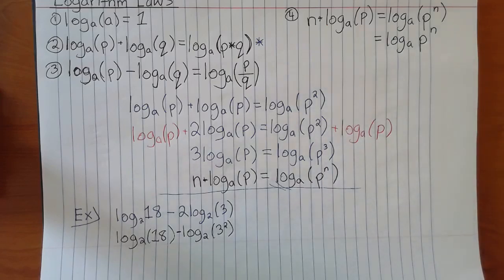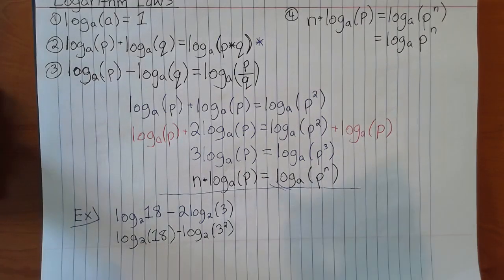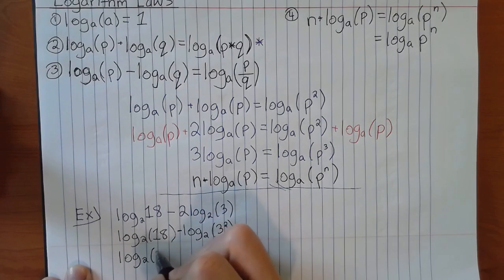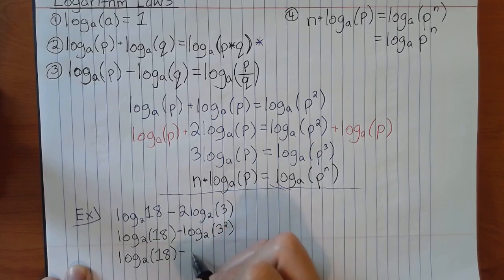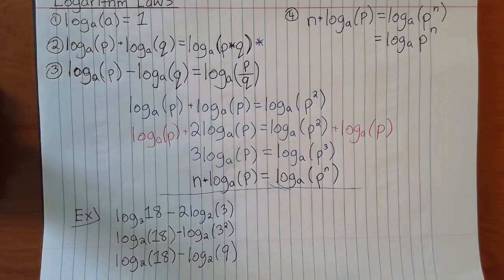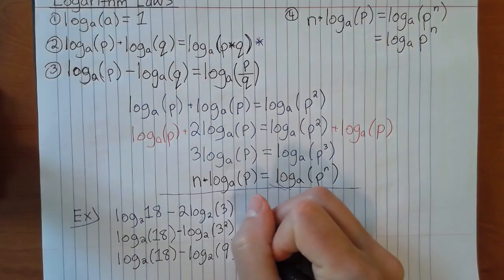So now that we've done that, we can make the 3 squared into a 9, leaving the first one the same, like so. And from there, we have just subtracting two logarithms that are both base 2. So now if we have an 18 and a 9 and we're subtracting, when you subtract logarithms of the same base, you divide the inputs, 18 divided by 9.